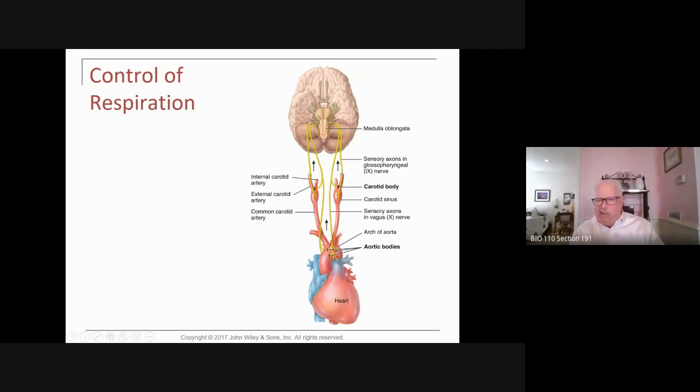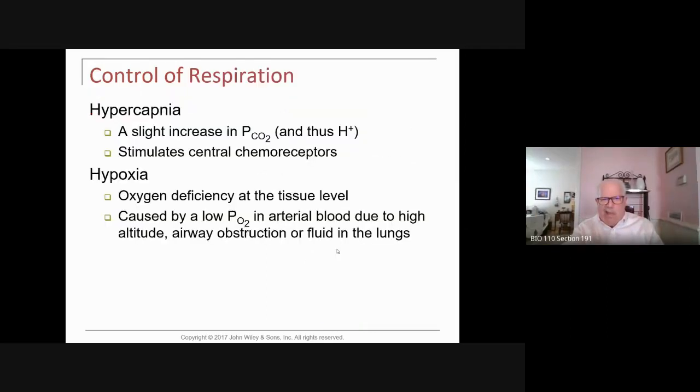And both of these receptors respond to the level of oxygen and carbon dioxide. That is what controls respiration: the partial pressure of oxygen and the partial pressure of carbon dioxide in your body. Let me explain it further.